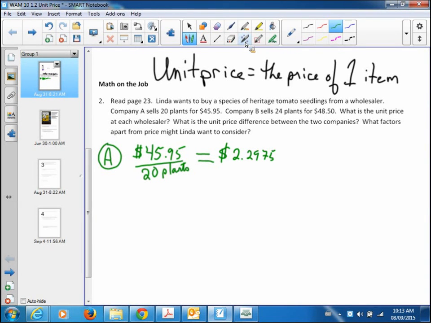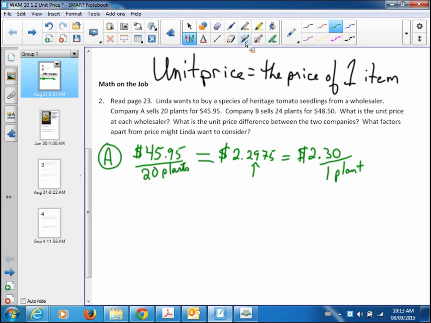So you have to round to this spot. What does the 7 behind it tell you, rounding wise? Up, right? So this is $2.30.